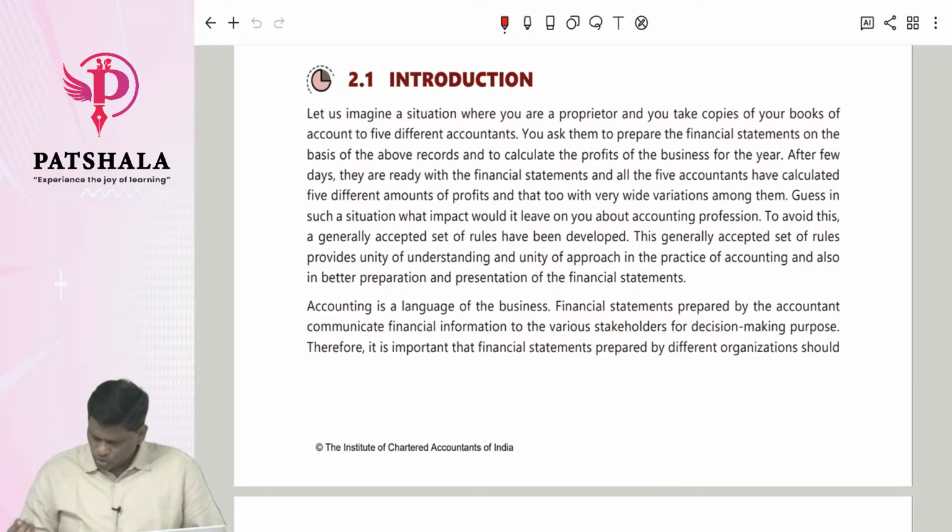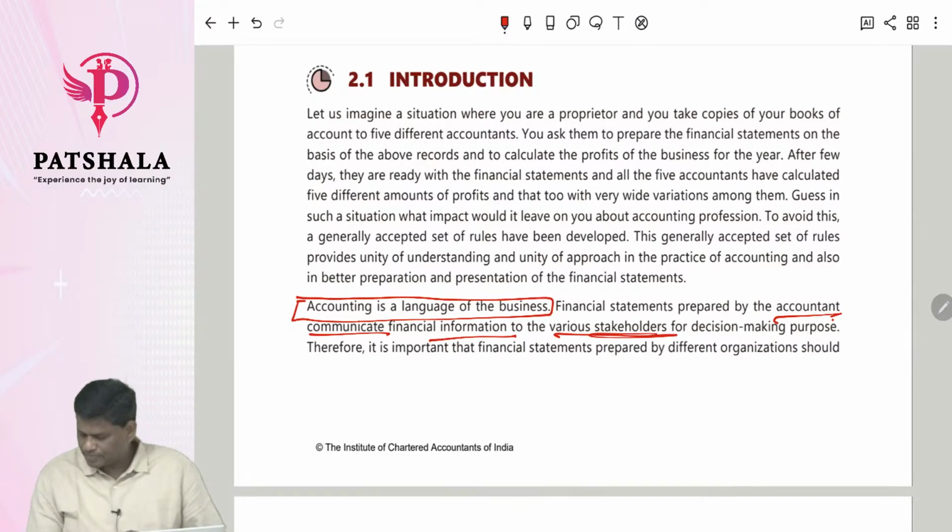He is just giving a story that accounting is often referred to as what? Okay. The financial statements prepared by the accountant communicate financial information to various stakeholders. Who are stakeholders? I told you. Shareholders.